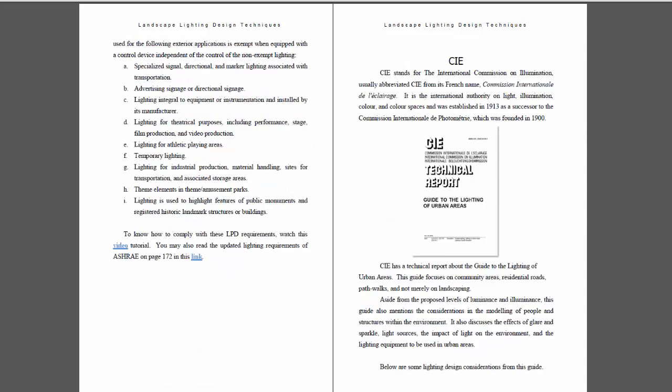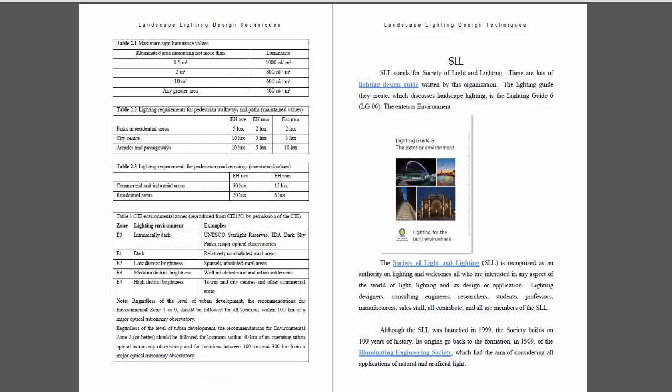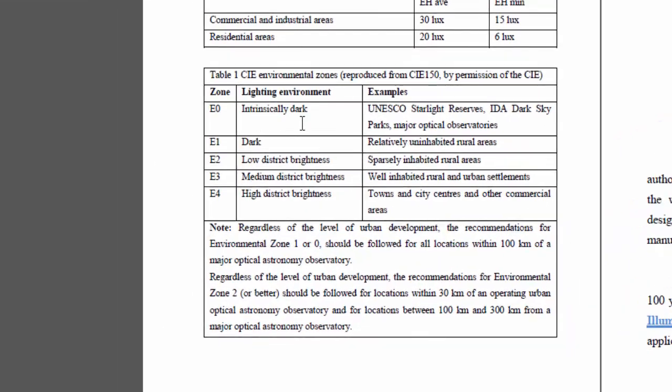For CIE, there are some requirements regarding arcades and passageways. It also mentions zoning: E0 is intrinsically dark, E1 is dark, E2 is low district brightness. If your landscape lighting project is in zone E0, you cannot put any light there because it should be intrinsically dark.